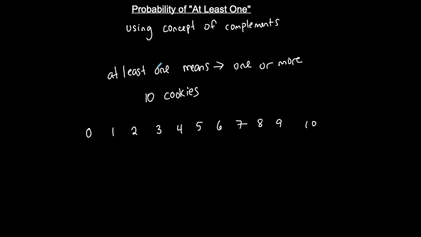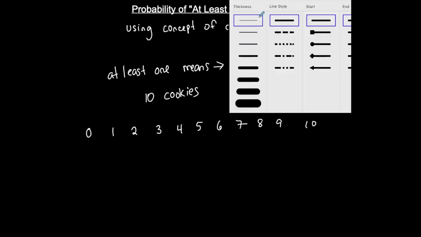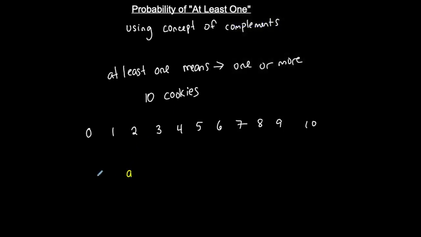Now, what does it mean when I say that I want to eat at least 1 cookie? Let's do it in yellow. What does it mean when I say I want to eat at least 1 cookie?